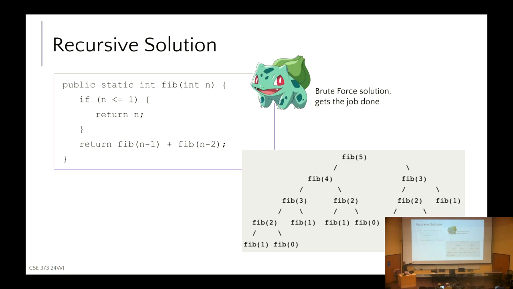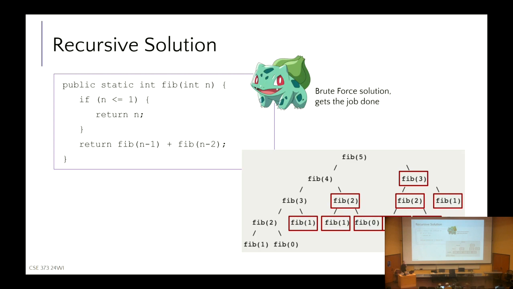Now, if you look at this big bushy tree of recursive calls, can you see some redundancy? In fact, each of these things that I have highlighted here are us recalculating something we've already calculated. But because they're recursive calls, they don't have any awareness of each other. I kind of think of recursion as a robot.